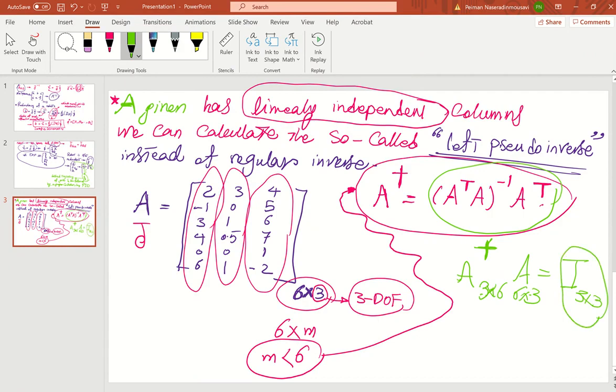So if your robot is working in 3D space, we have 6 motions in 3D space.